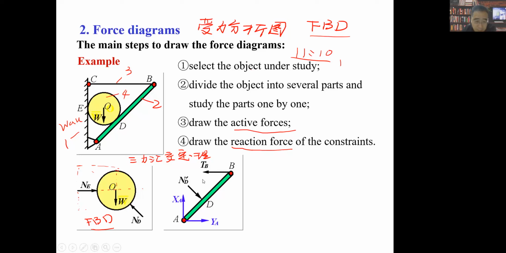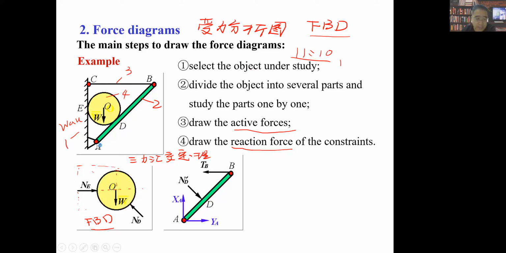So then we can just draw it in the same direction as this AB, like this. Then we find that at point B, it has a tension constraint, because we know tension always pulls, never pushes, right? So we have TB.